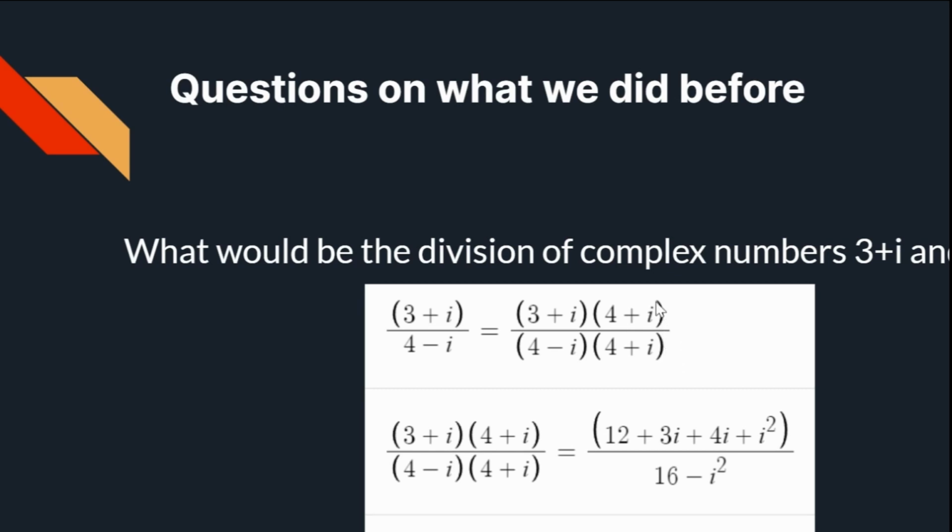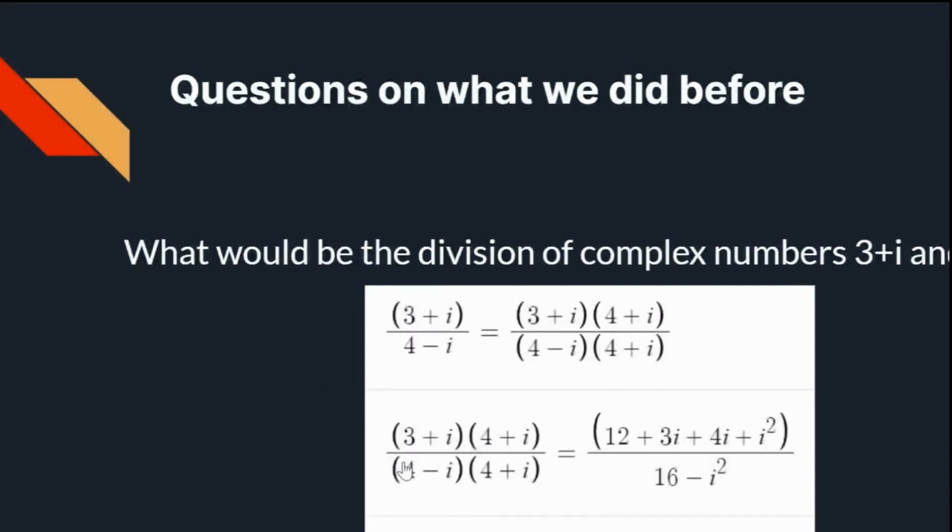We divide and multiply it with the number, and in the denominator, it just becomes a real number. We solve the numerator by multiplying, in which iota square is replaced with minus 1, basically 11 minus 12 minus 1, 11. So this is what we did in the last class.